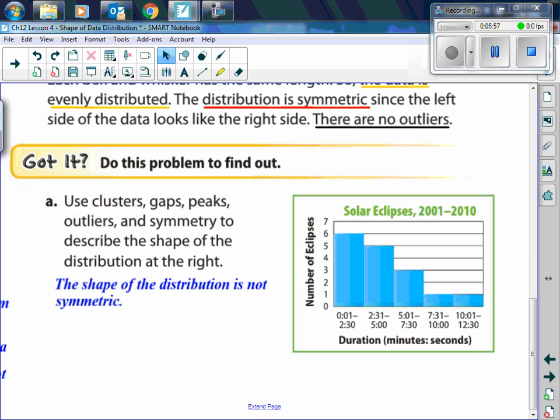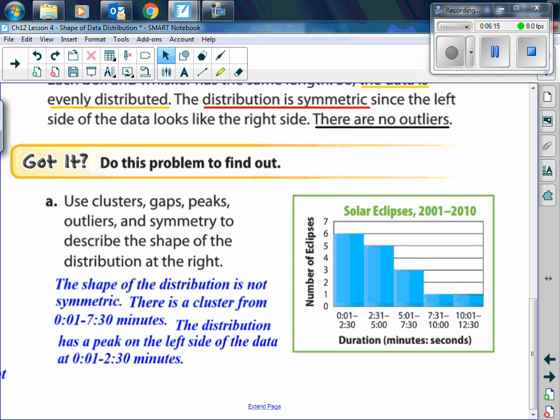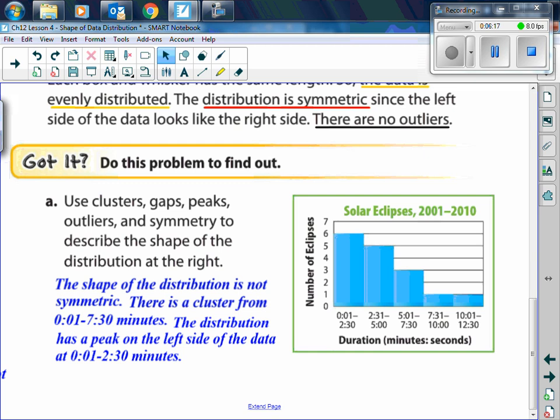All right, so here, there is a cluster from 1 second to 7 minutes and 30 seconds. The distribution has a peak on the left side of the data at 1 second to 2 minutes and 30 seconds. And finally, there are no gaps and no outliers.